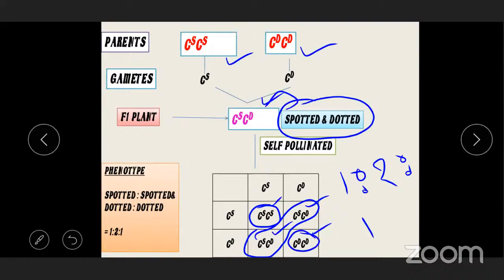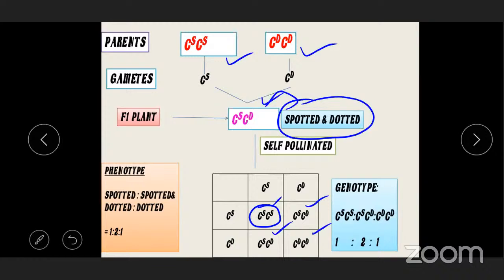This is CDCD, which means homozygous spotted is to heterozygous spotted and dotted is to homozygous dotted. That is equal to 1:2:1. So this is the genotype ratio in codominance of the F2 generation.